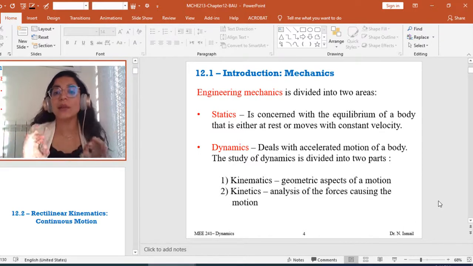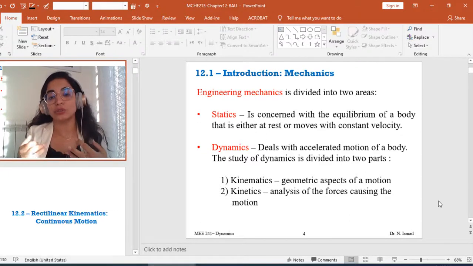So it deals with the equilibrium of this body, and that's why I have to apply the first law of Newton, sum of forces is equal to 0. And dynamics is when I have an accelerated motion. Accelerated motion means I have an acceleration, and I should apply the second law of Newton, where the sum of forces is equal to the mass times A.